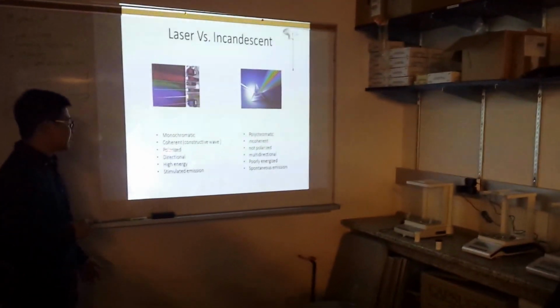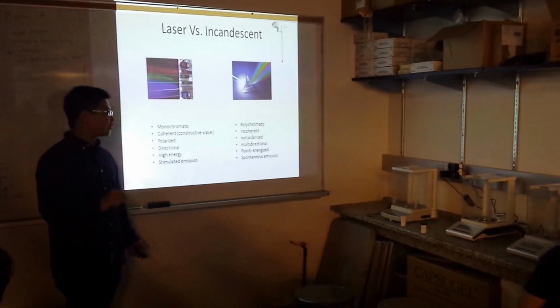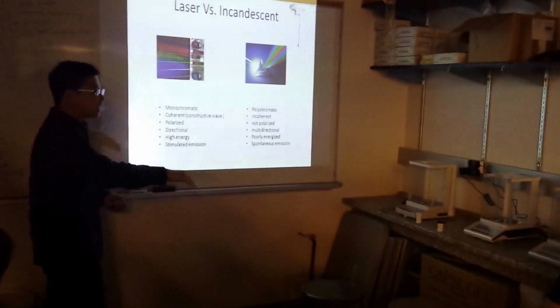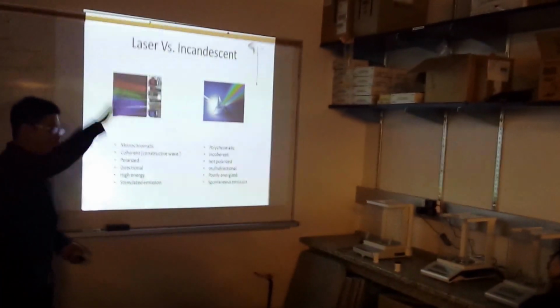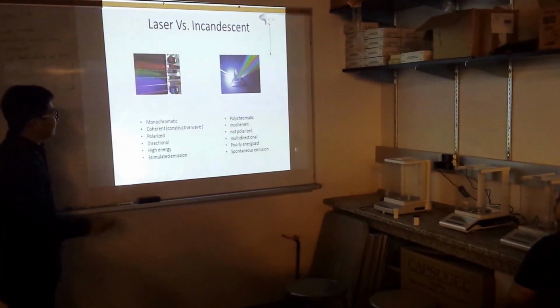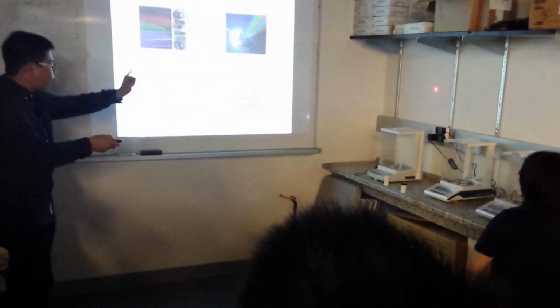And also laser light is polarized. It's some first year organic or physical chemistry background if you have it. The laser light only oscillates at one angle, not the other one. It's different from sunlight or anything. And laser light is directional. As you can see from my laser pointer here, when you shine it on the wall, you can only see one dot.